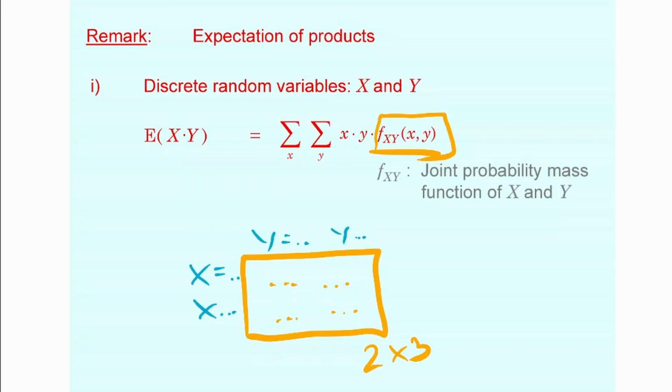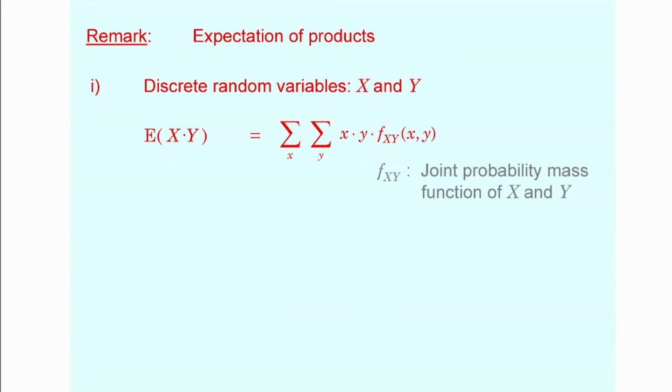The number of realizations of the product in general is equal to the product of the number of realizations of each. So if x has 2 realizations and y has 3, the product will have 6, and that should be clear. You have 6 different probabilities, taken from the joint distribution.